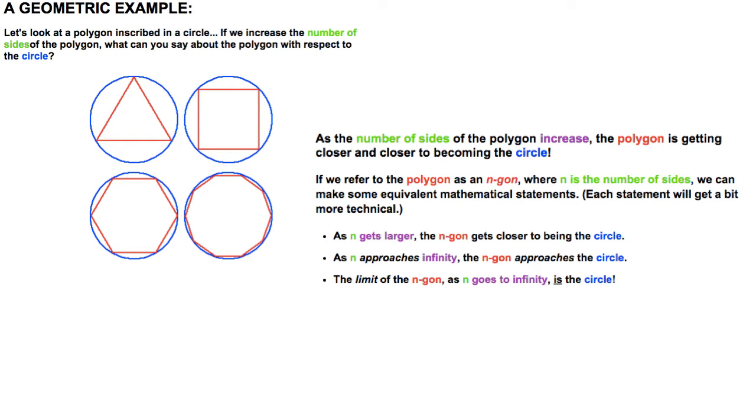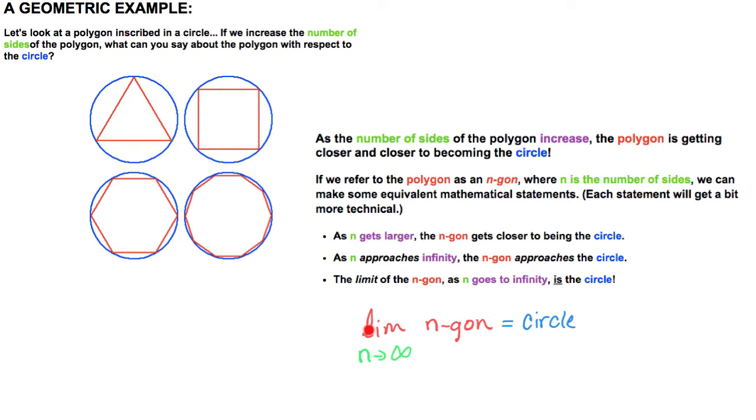How we write this in limit notation is we abbreviate the word limit to lim, L-I-M, and we say the limit of the n-gon, so the limit of whatever we're describing, as one thing changes, so in this case, as n approaches infinity, as the number of sides is increasing to infinity, then the limit is a circle. So we would say that this limit equals a circle.